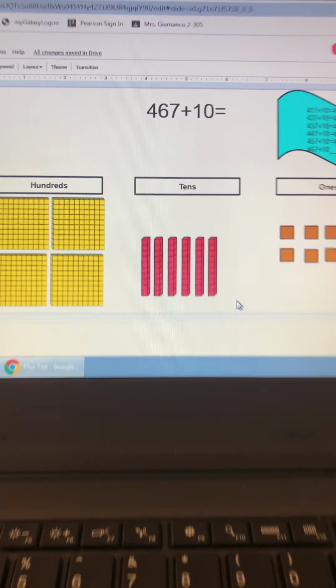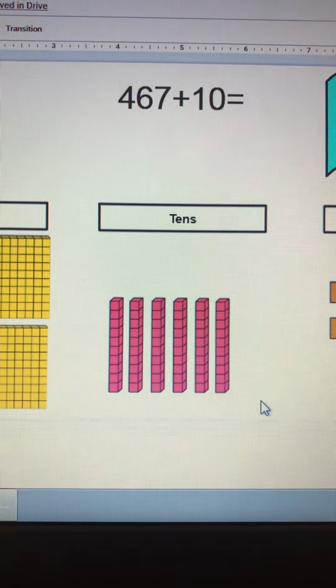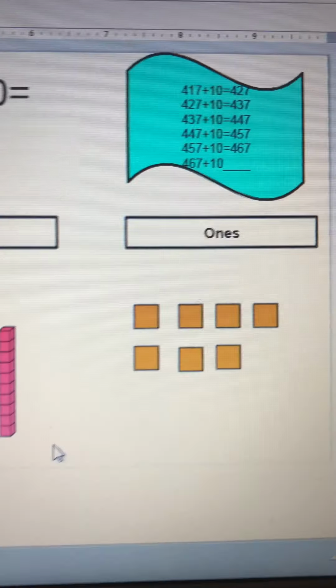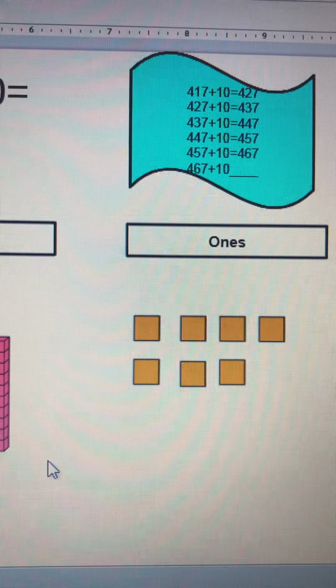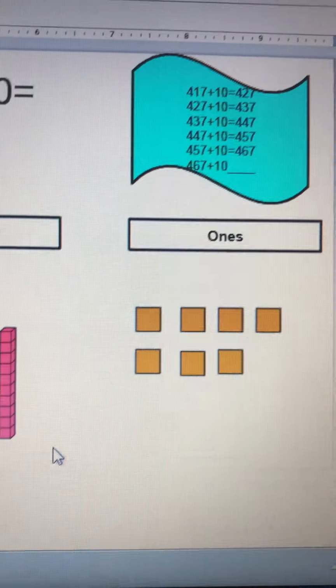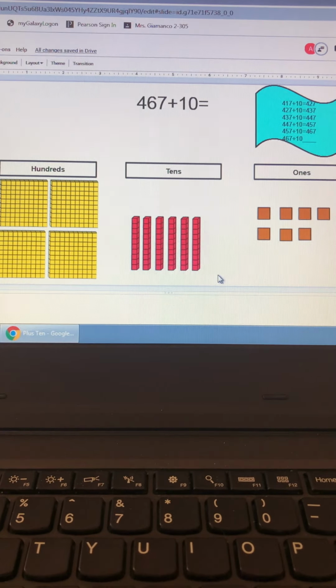All right, next one. 467 plus 10 equals. Give you a few seconds to figure this out.